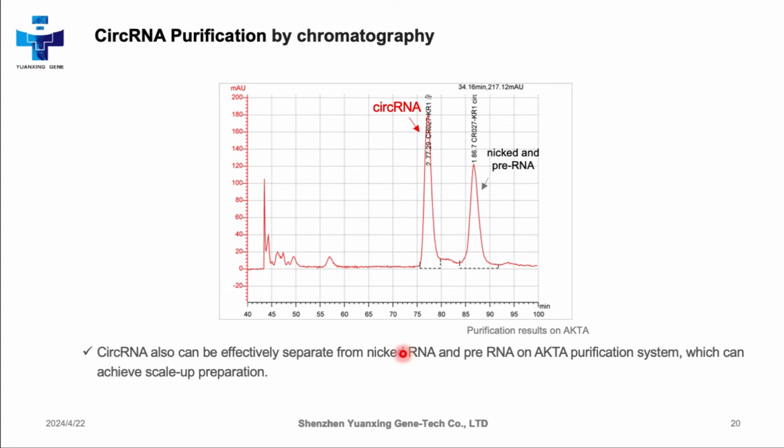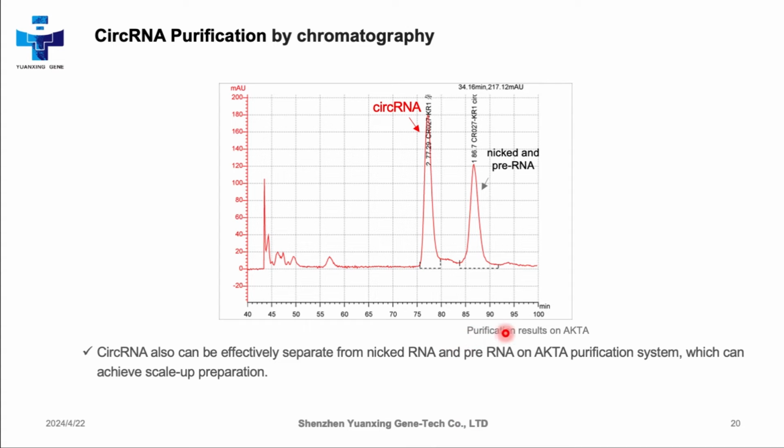So it is difficult to achieve effective separation through conventional chromatography methods. And now we have successfully developed a novel chromatography approach that can separate the circRNA from the impurities.